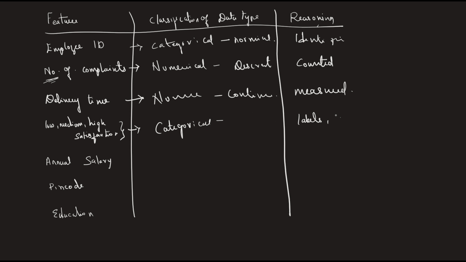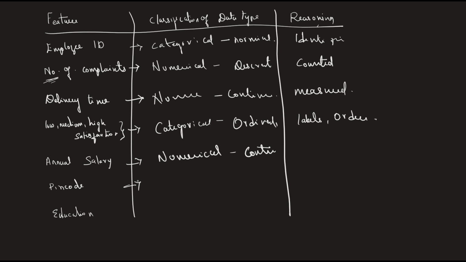So it has an order in nature, therefore it is ordinal. Annual salary. What is the salary of a person on an annual basis? It represents an amount that we can measure and apply operations on, so this is obviously numerical and it is continuous.